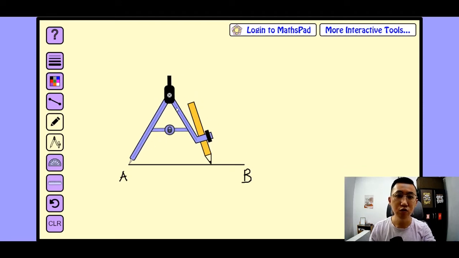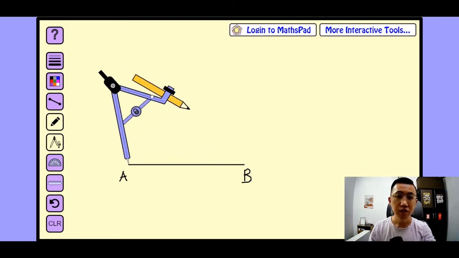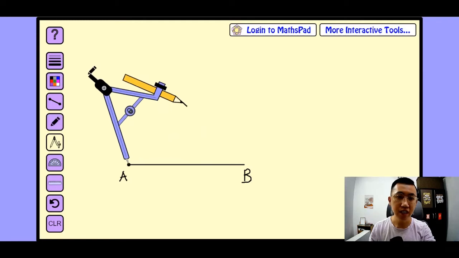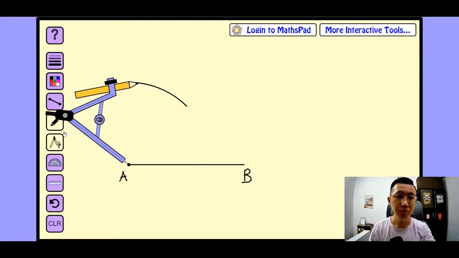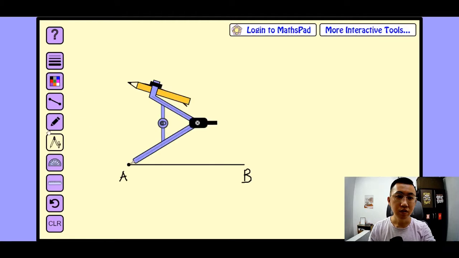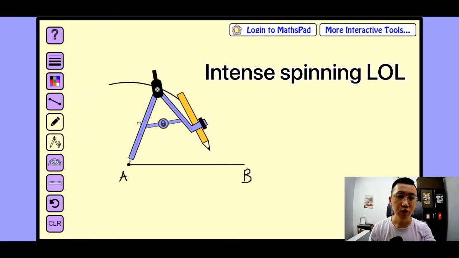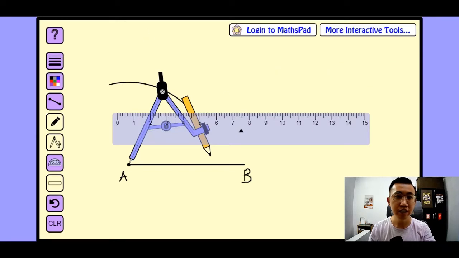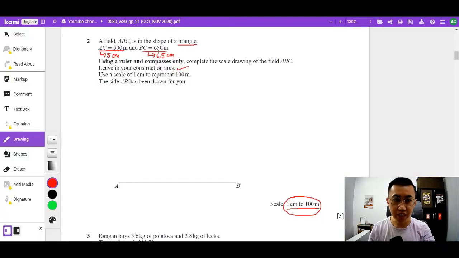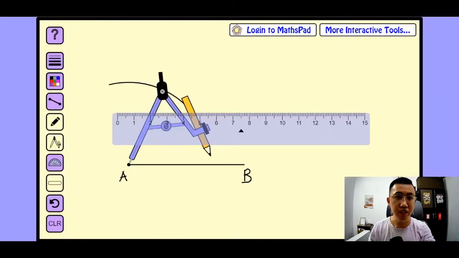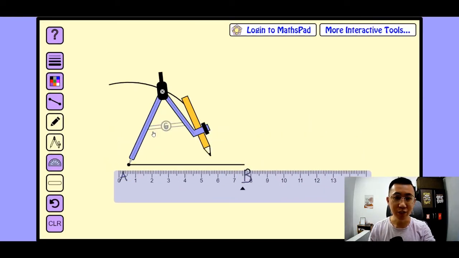Alright, now draw. You draw your arc slightly at the top, roughly like this. I think that's good enough. Okay, so now we are going to draw the other side. BC is going to be 6.5 centimeters. Hold on, it's a bit difficult to use this website.